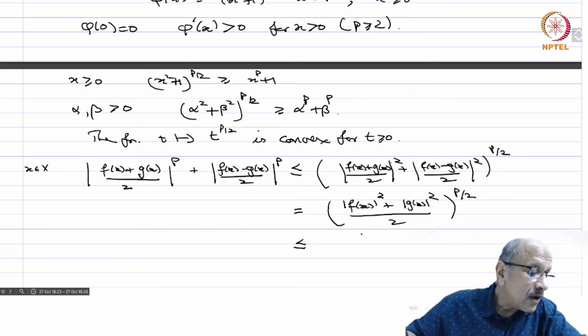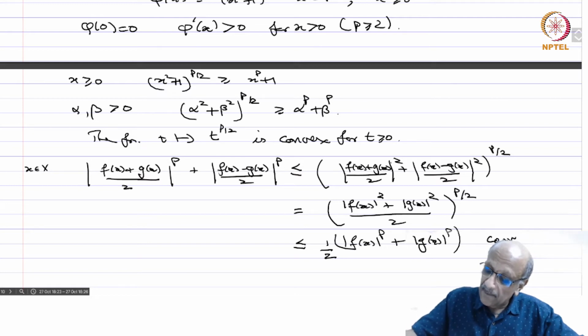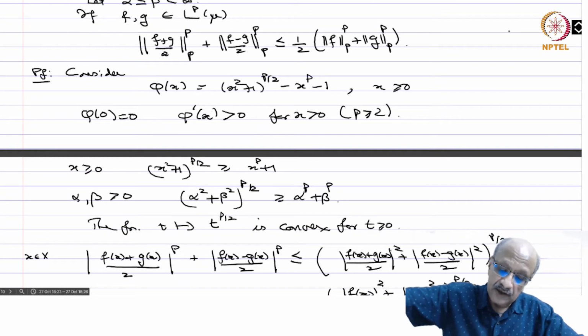So you have 1/2 of f squared evaluated to the power p by 2, that will give you |f(x)| to the power p plus |g(x)| to the power p. So here we used the convexity, and here we used 1. 1 is this relationship here.